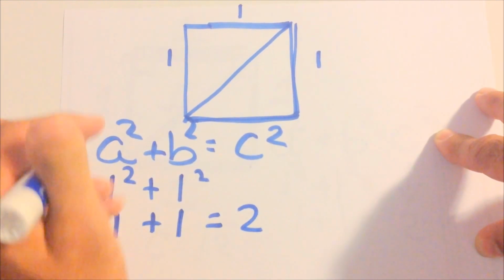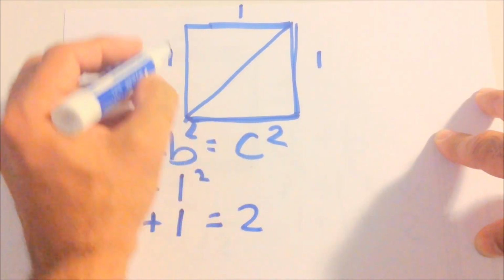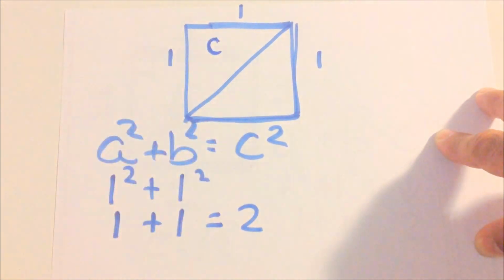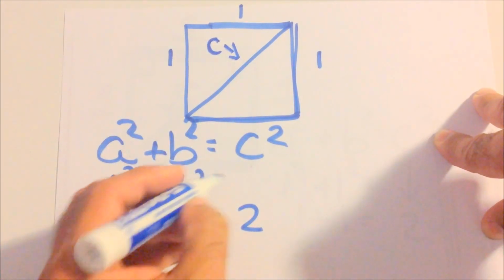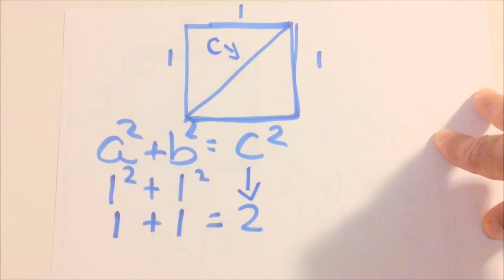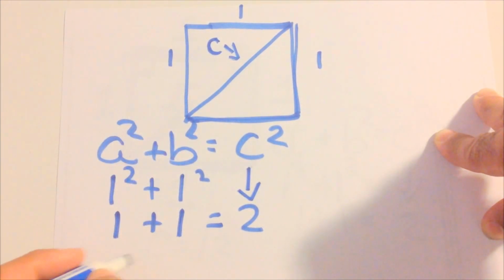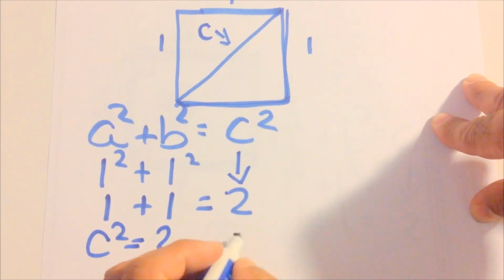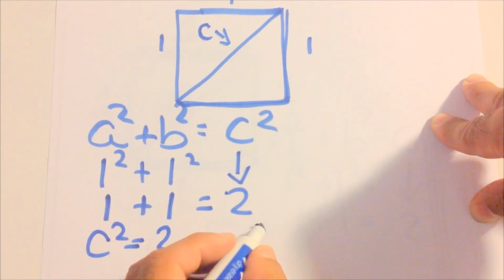Now, in the Pythagorean theorem, we have the lengths a, b, and c. Remember, c is the hypotenuse. So this is c squared. We just want c. So if c squared equals 2, then to get regular c, we need to do the square root of 2.